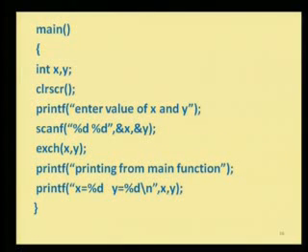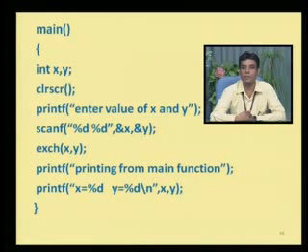Then in the main program, the actual parameters are int x and y. Clear screen, then printf enter value of x and y, scanf %d with address of x and address of y. Then we call the function exch with x comma y.